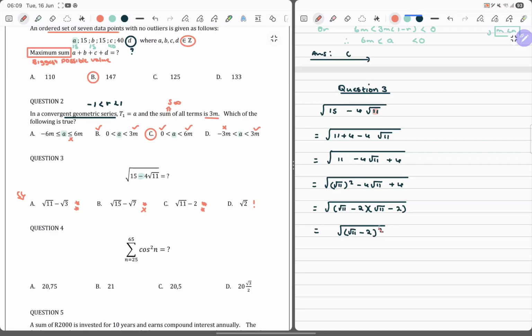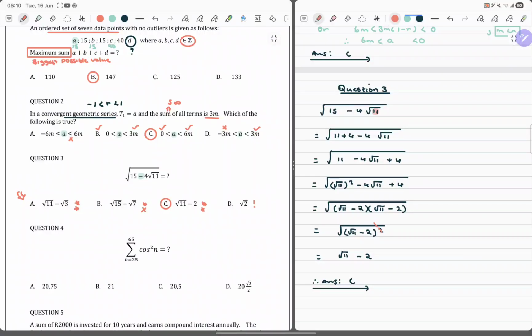Now, the nice thing is that the square root and the square take each other out, and our answer is root 11 minus 2. Okay, so that's basically the answer. So this one simply gives us what we want. So option C is our friend.